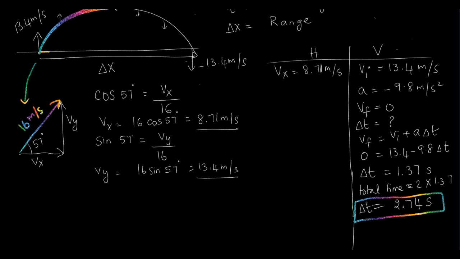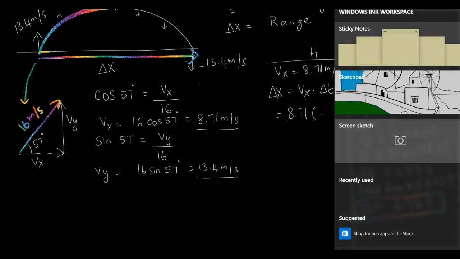Now that I know this, I can easily solve for the range, because we do know that horizontally it is traveling at the same speed. There is no acceleration. So I can simply say distance equals speed times time. Therefore, it is going to be 8.71, which is my horizontal speed, times the time, which is 2.74.